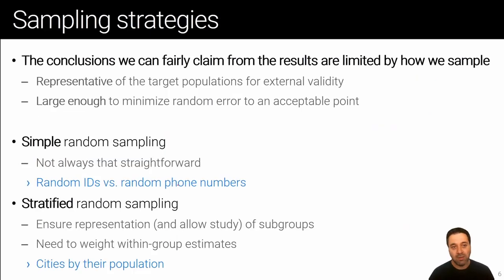Well, the point to make here is that the conclusions that we will be able to fairly claim from our result are limited by how we sample. So how we choose who's going to be in our study and who isn't is going to affect our ability to make reasonable claims about how these effects that we observe in our study extrapolate to the population. And there's essentially two aspects of this. One is that the sample has to be representative of the target population.